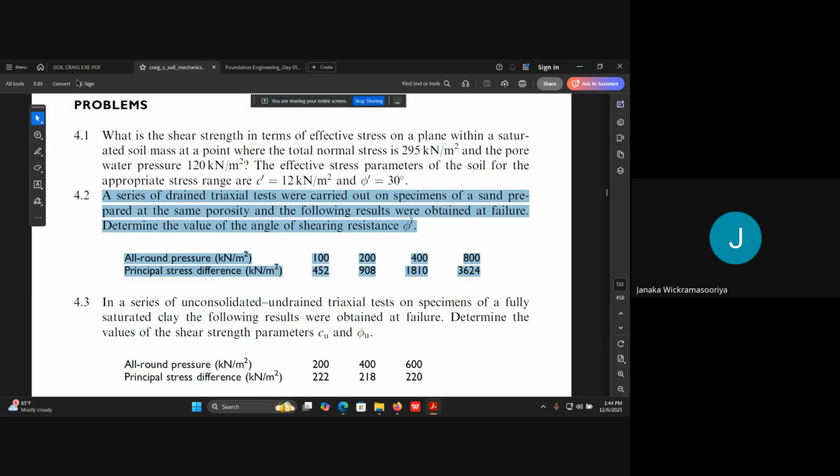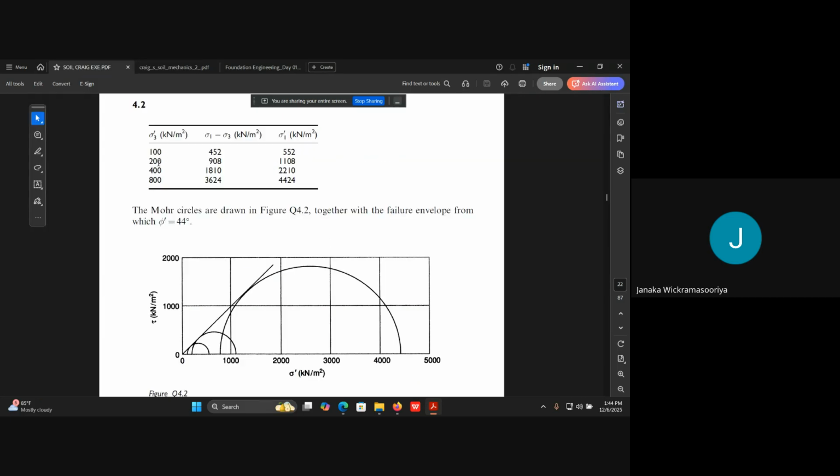So this is sigma 3, the horizontal force, and this is the difference. If you need sigma 1, the vertical normal stress from the top, you have to add these two. This is also sometimes called the deviator stress, so you add these two to get sigma 1.